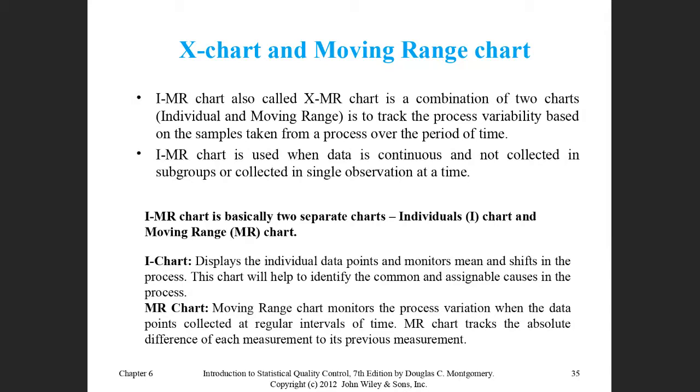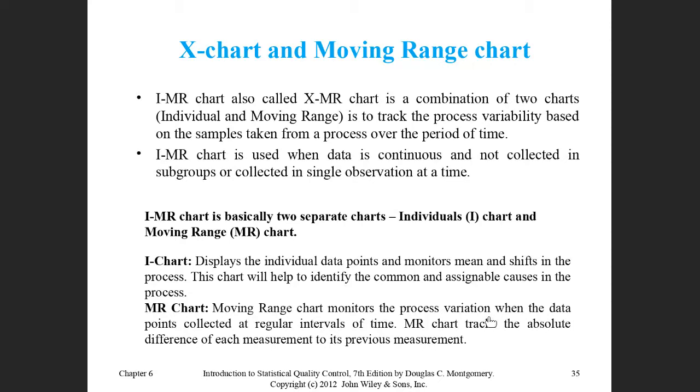The first one is the individuals, and the second one is the moving range, and both of them are designed to track the process variability and mean shift. The individual chart is triggering the mean shifts in the process, whereas the moving range is the one that monitors the process variation in the data.